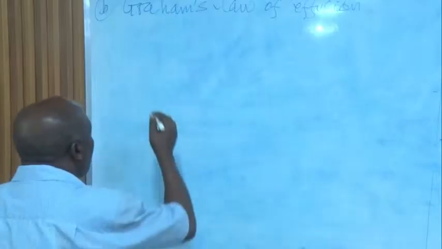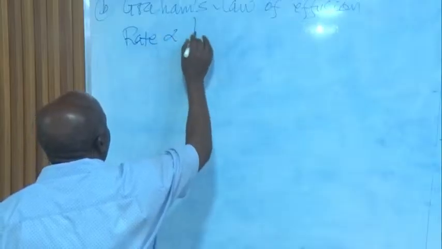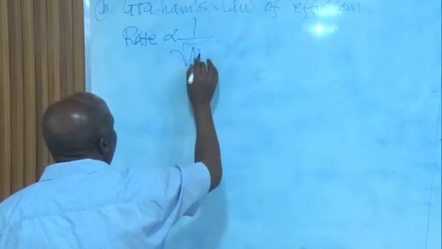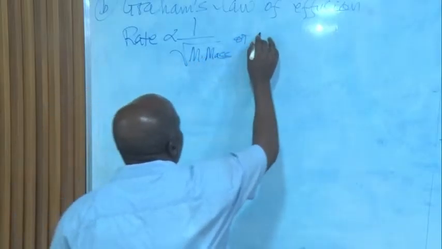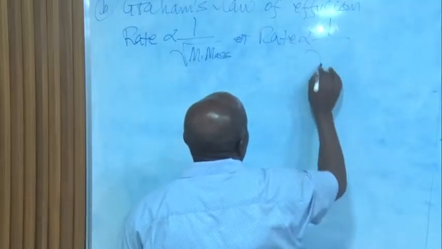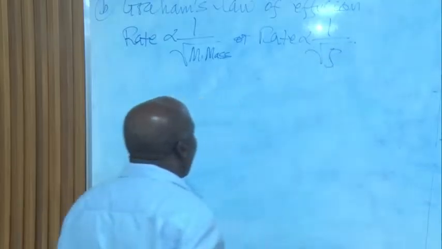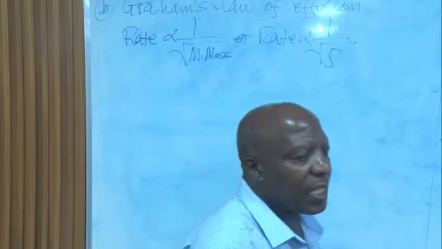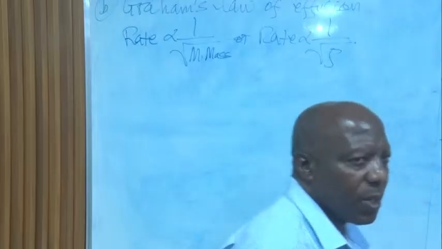That is, the rate of diffusion or effusion is inversely proportional to the square root of the density or molar mass of a gas. But the question is how fast hydrogen gas effuses as compared to carbon dioxide.